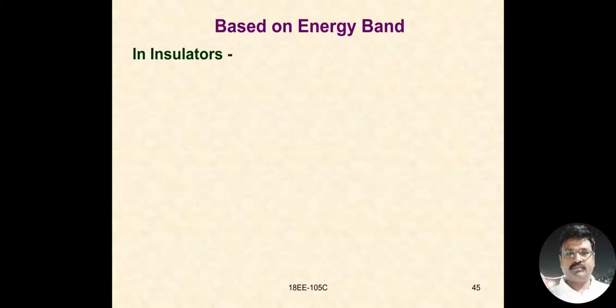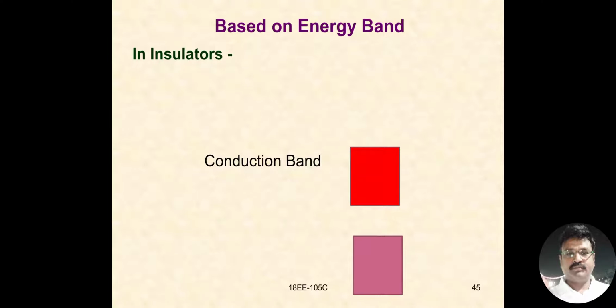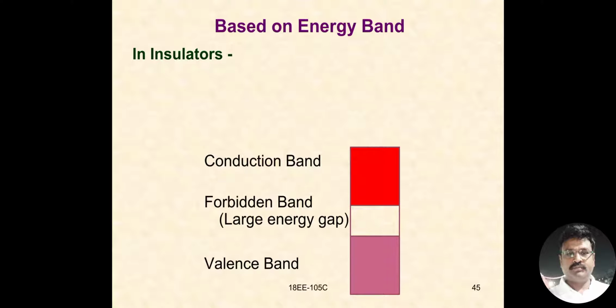There is an overlap of conduction and valency band, so there is no forbidden gap, then it is called conductor. In insulator, you can see in the image the conduction band and valency band. In between there is a large forbidden band or large energy gap between the conduction band and valency band.